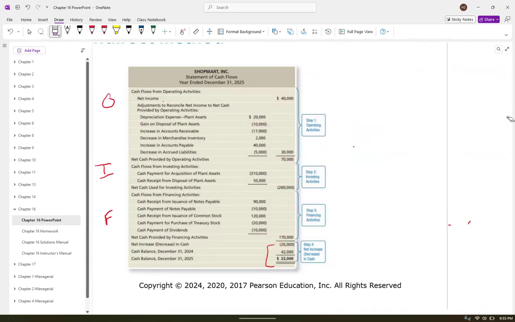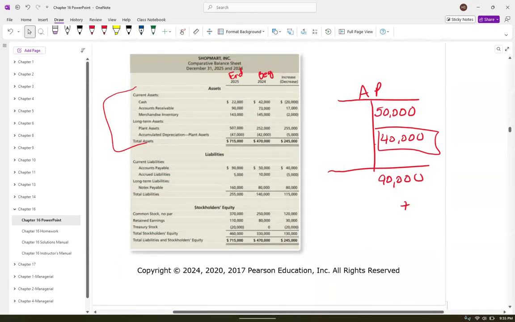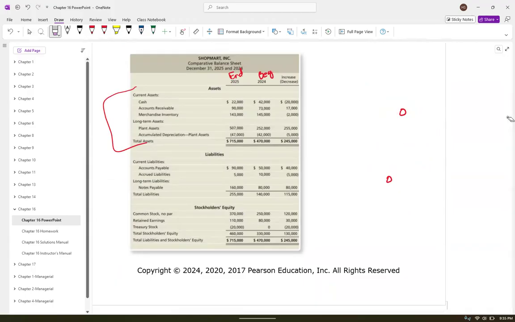Let me clean this up a little bit because I know I've written all over it. I'll leave the operating, investing, and financing. So that's accounts payable. I am illustrating how this one rule can be applied to any one of these accounts. Then we have accrued liabilities. The accrued liabilities started with 10,000 and had an ending of 5,000.